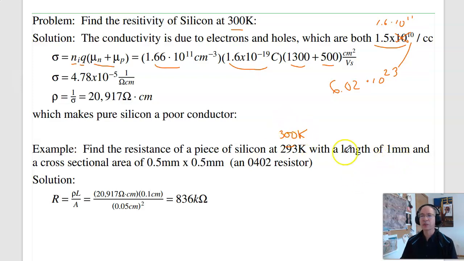With the length of 1 millimeter and a cross-sectional area of 0.5 by 0.5 millimeters, basically an 0402 resistor. The equation for resistance is the resistance is resistivity times length over area. This is the resistivity we just calculated. The length is 0.1 centimeter, and there's the area. That would be an 836 kilo ohm resistor.